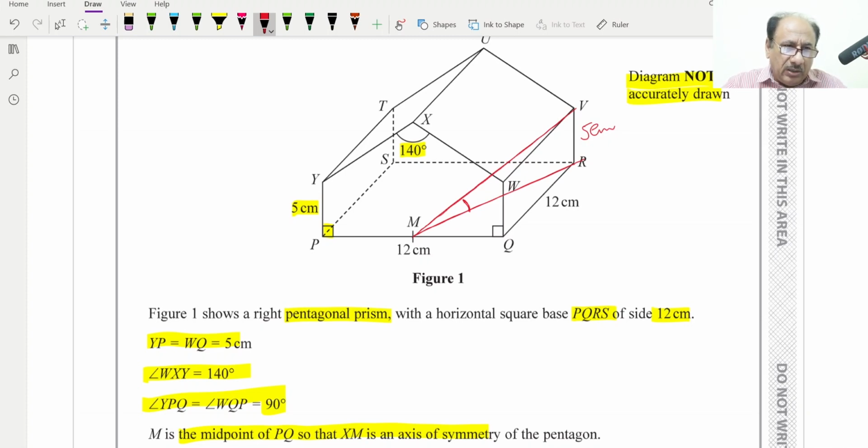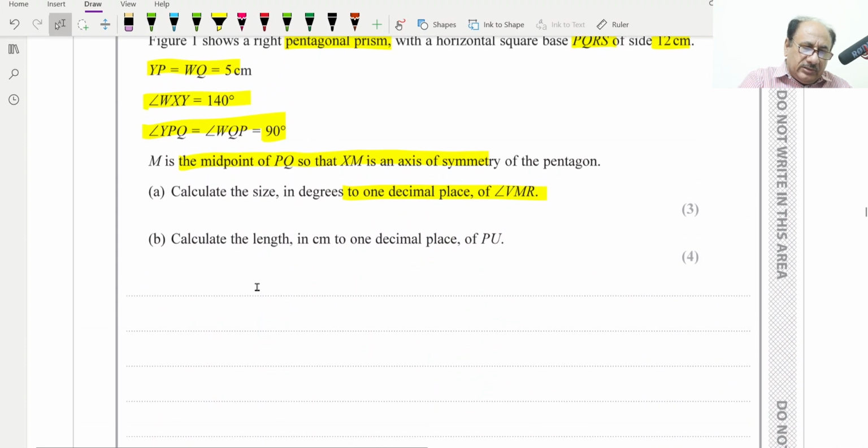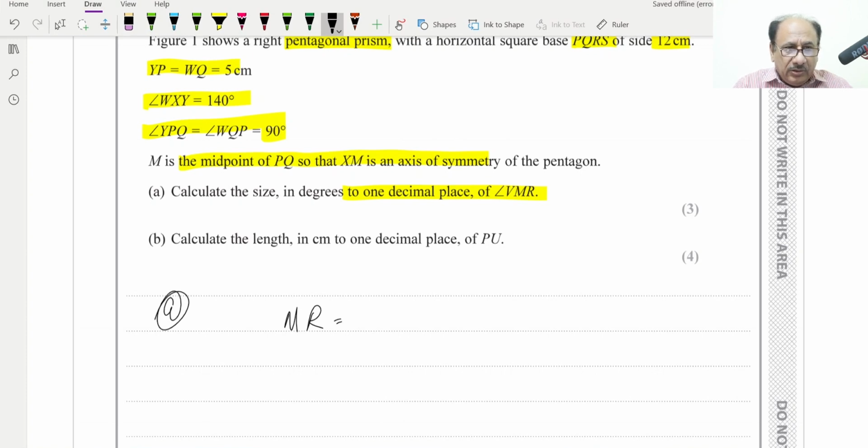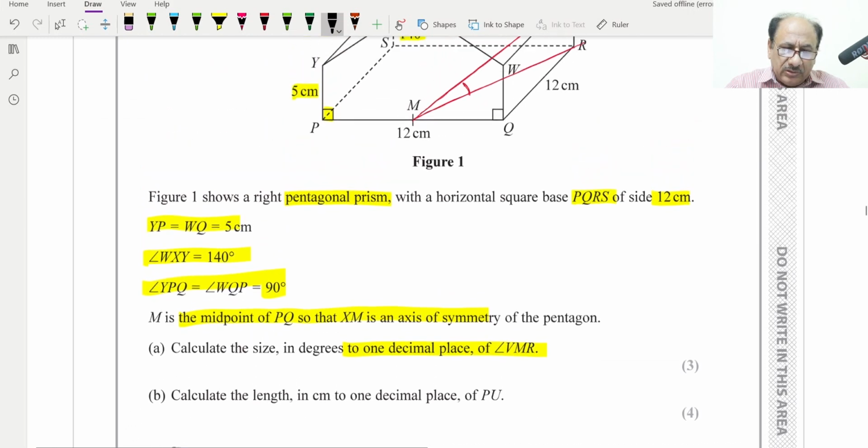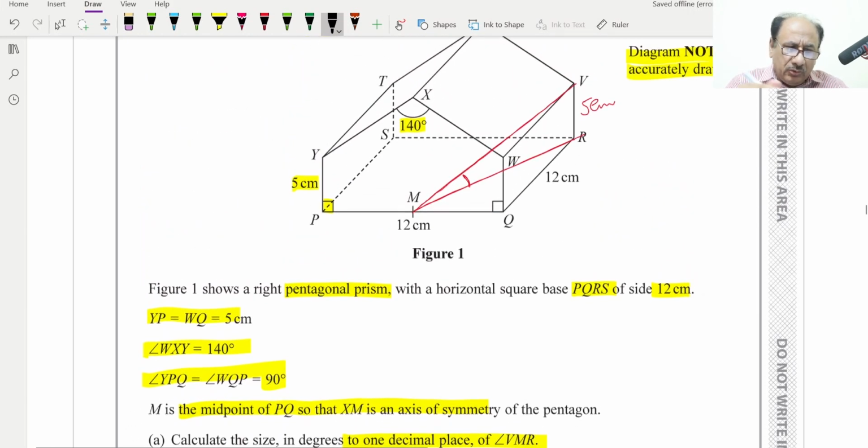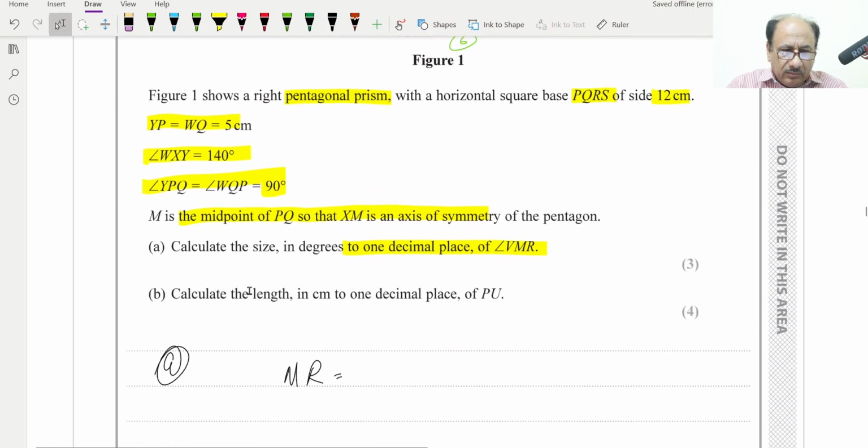can calculate MR. So we can write here MR, a part. MR will be equal to what? MR will be equal to, basically by Pythagoras theorem. So we will be considering this triangle to calculate MR. So this side will be 6, this much will be 6 centimeters, and this side is 12 centimeters. So we can find the hypotenuse.